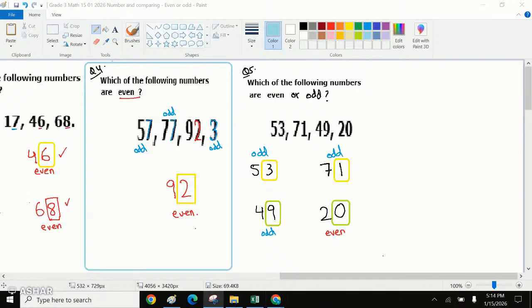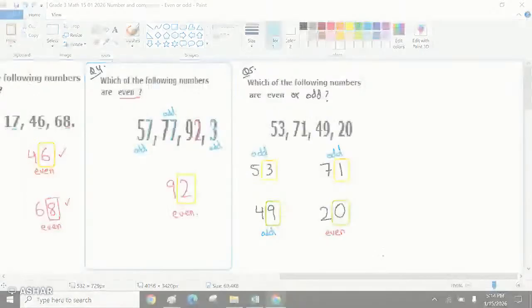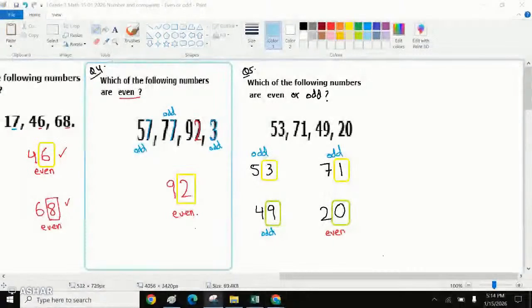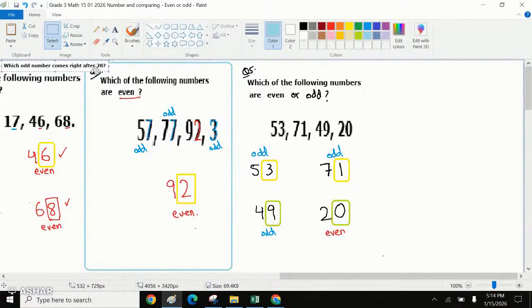The next question, they have changed the statement and they are saying, what is the next odd number after, okay, if this was the given statement, and I'll just increase the size so that it's readable for you.